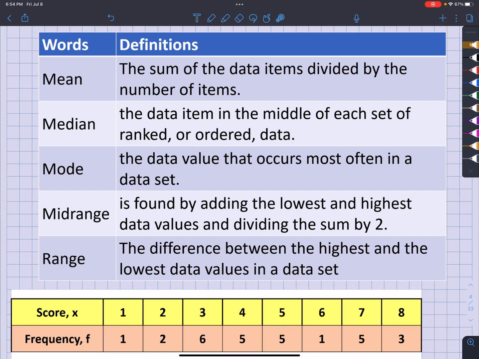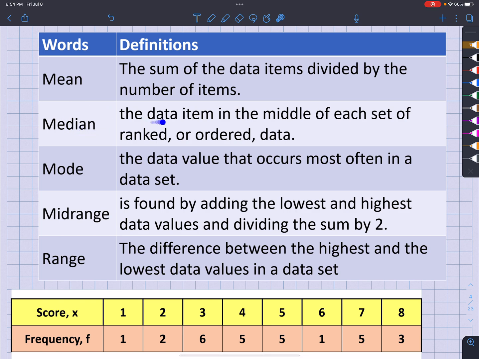All right, so today we're talking about central tendencies, which is mean, median, mode, and then we're going to add on mid-range and range. The mean is like the average, right? So the sum of the data items divided by the number of items that there are.